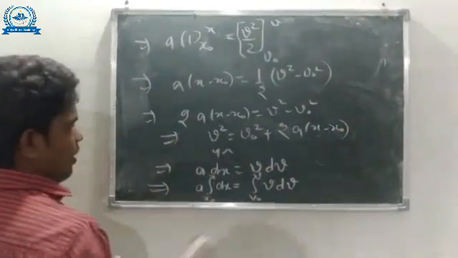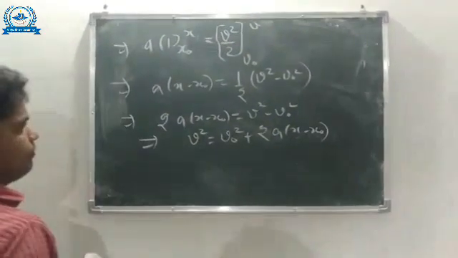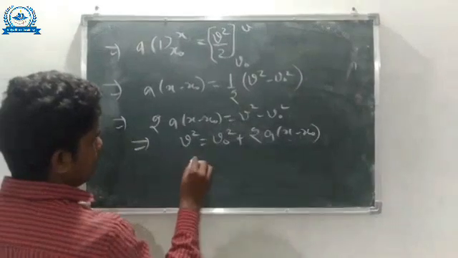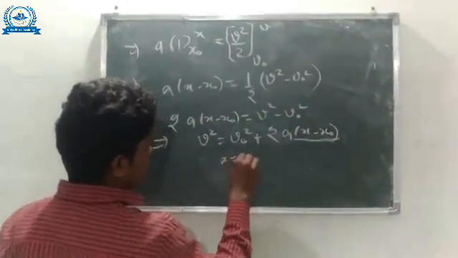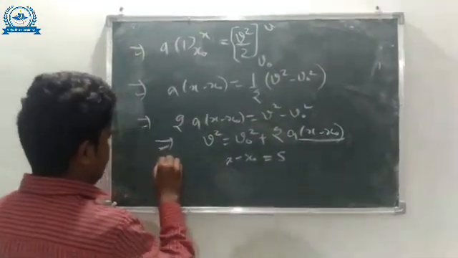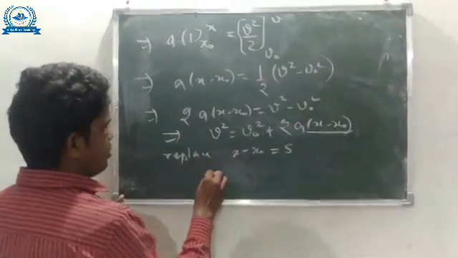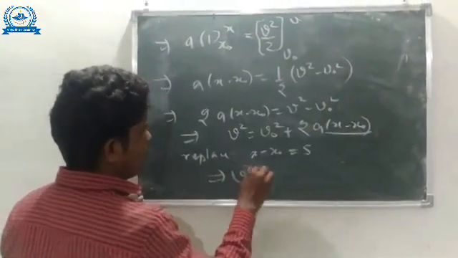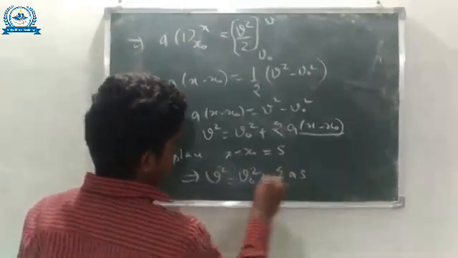This is what we have finally come to the conclusion. You can replace x minus x0 with s. You will get v square is equal to u square plus 2as.